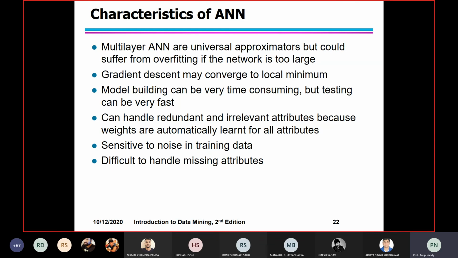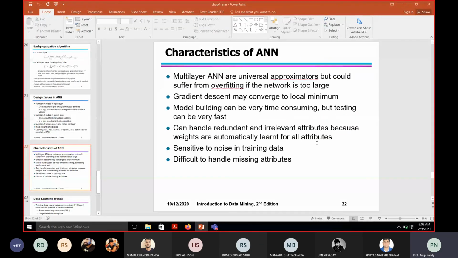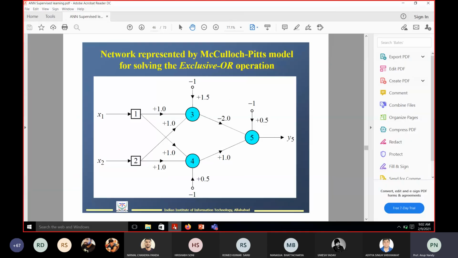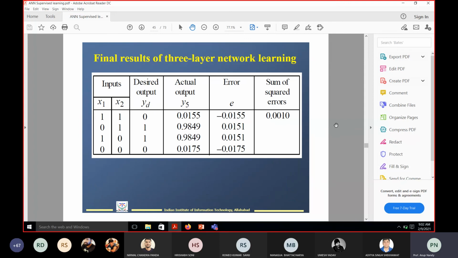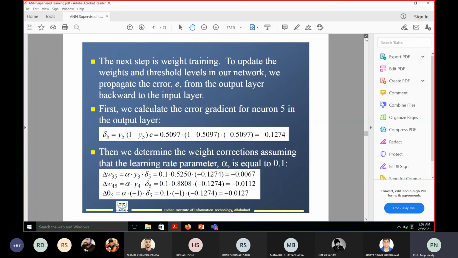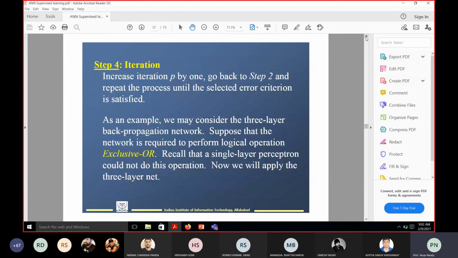So these are the advantages and disadvantages. This is all about ANN. You need to apply it in your next program, I mean tomorrow's lab.